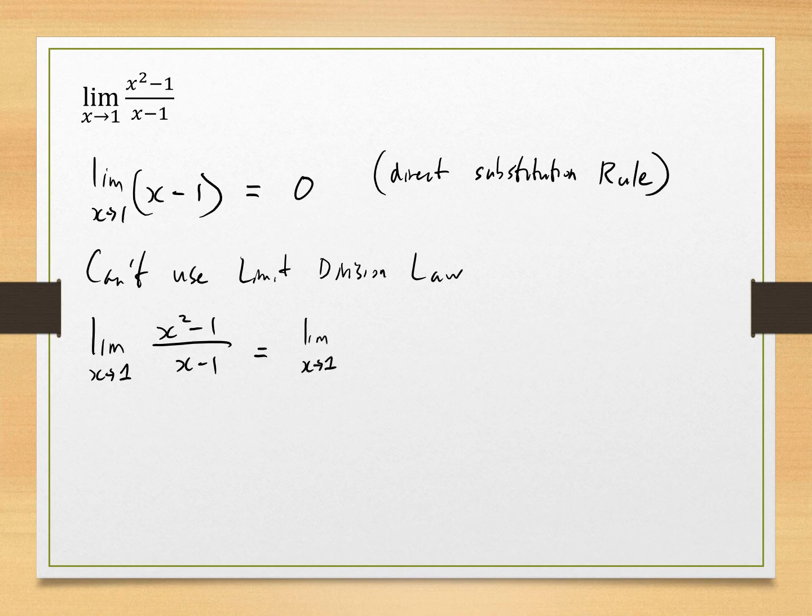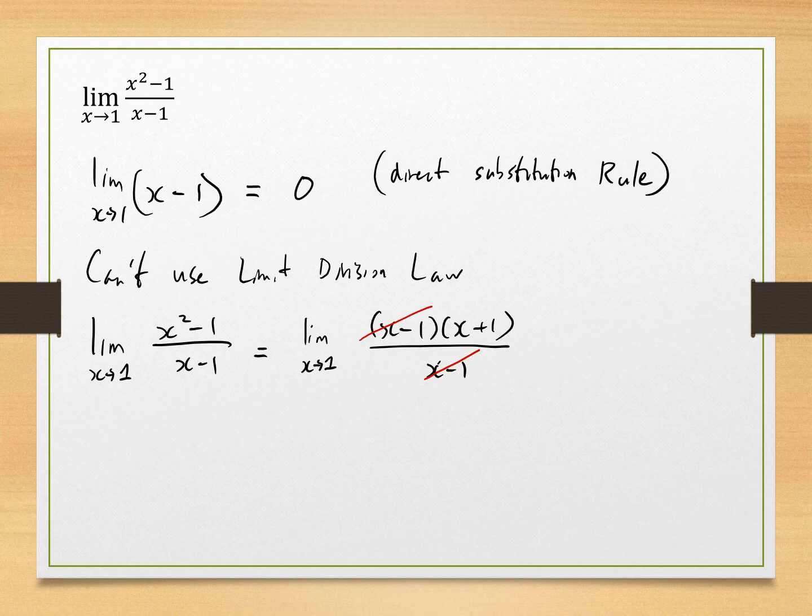Because x squared minus 1, as you know, can be factorized into (x minus 1)(x plus 1). So now the question is, can you cancel out these two? Note that you cannot cancel these two terms if x equals 1, because then x minus 1 is 0 and you have 0 divided by 0.